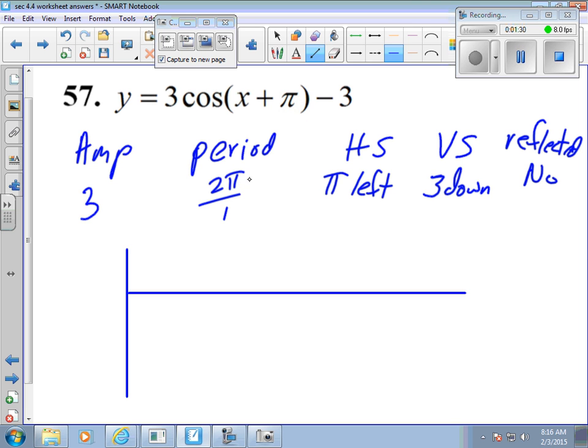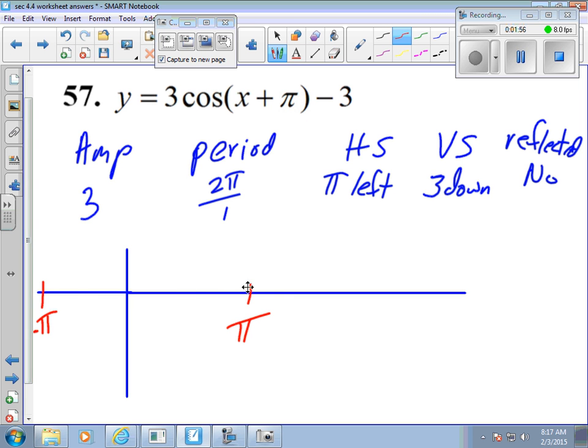And since our period is 2 pi, we're going to shift to the left, so I have to have some part go off to the left here. And we'll say this is negative pi. If we're pi to the left, this is negative pi. And since our period is 2 pi, 1 pi, 2 pi would be the end of our graph.